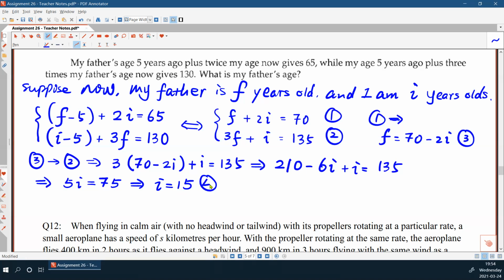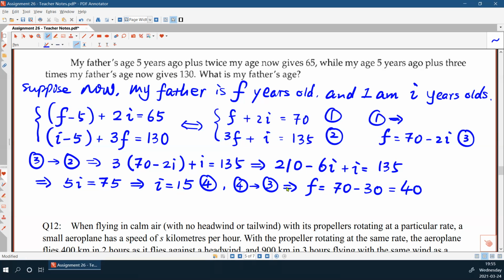Let's call this number 4. Then we can plug number 4 into equation 3, and this gives us F is 70 minus 2I. 2I is 30, so F is 40, right?